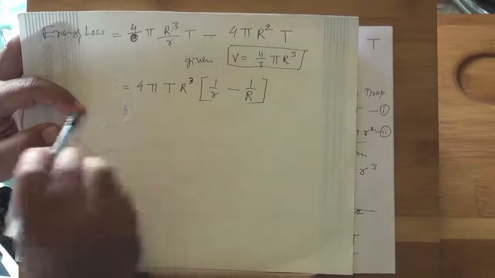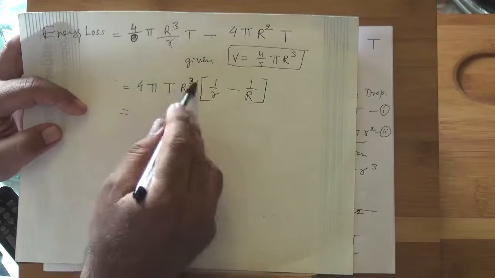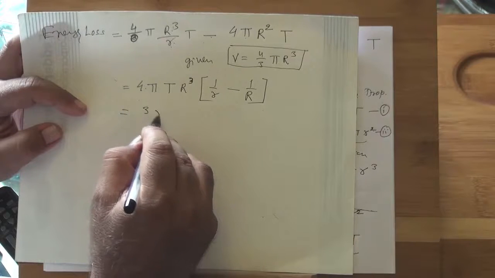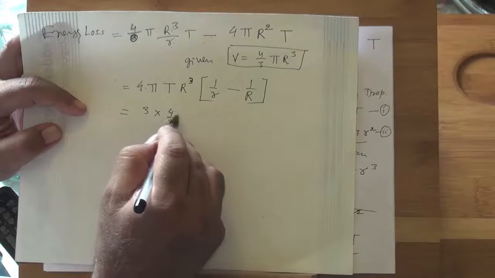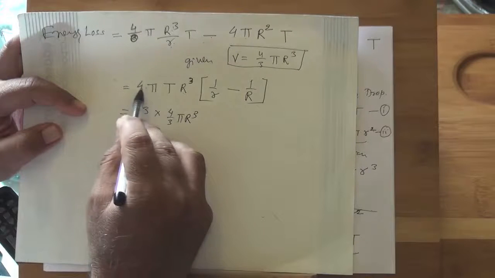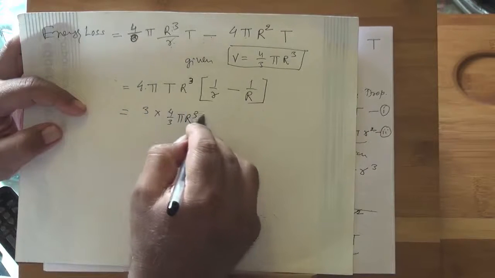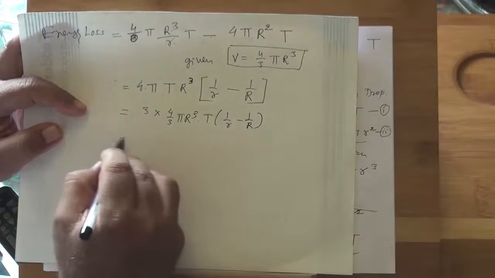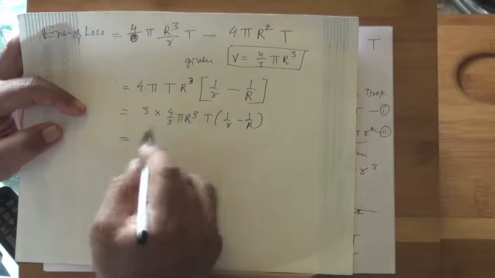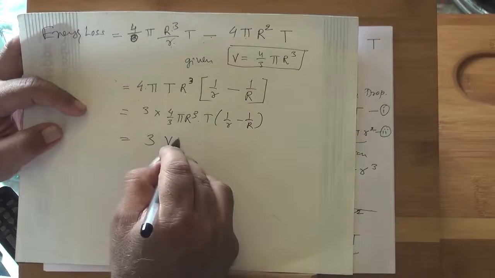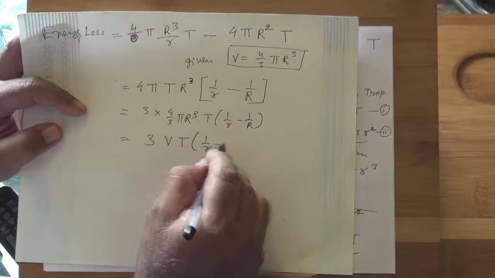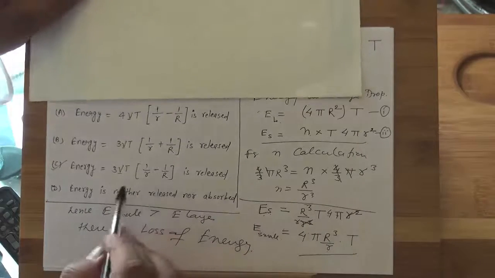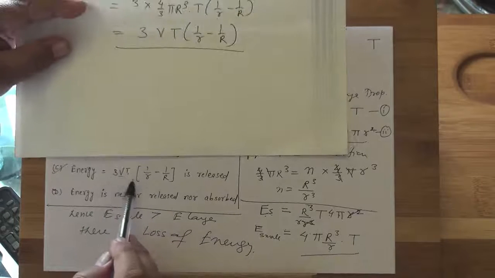To convert this 4 pi r cube, let's divide and multiply by 3: 3 into 4 upon 3 pi r cube, which is the volume, into T into 1 upon r minus 1 upon R. So the solution is 3 volume T (1 upon r minus 1 upon R).